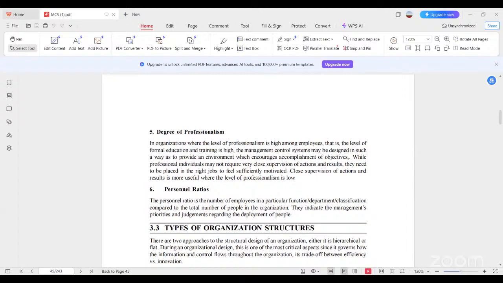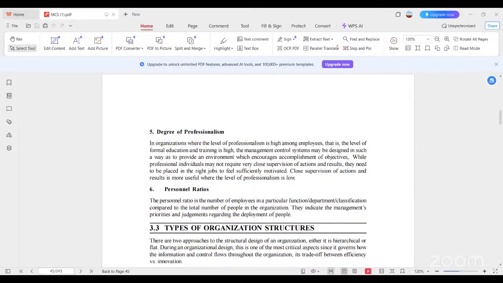Low professionalism, if I'm talking about workers in routine jobs, the class four employees, or workers who are given very limited training, the control is such that we have to closely supervise them. For them, standard procedures are defined, and detailed instructions have to be given on a daily basis.